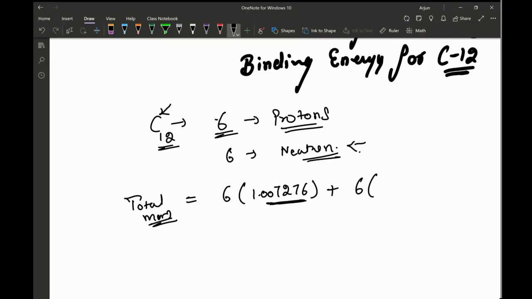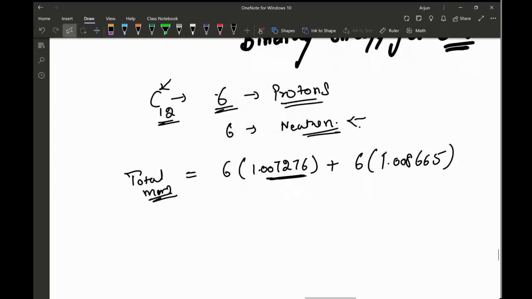The mass of a neutron is equal to 1.008665. And once I calculate, the total mass will come out to be... well, I have to do the calculation, so I'll encourage you guys to do the calculation on your end too.